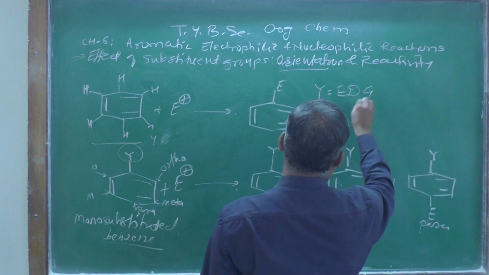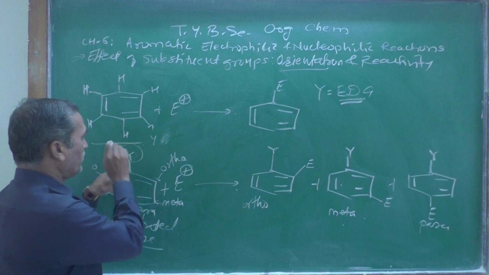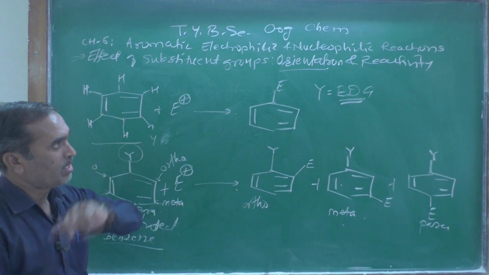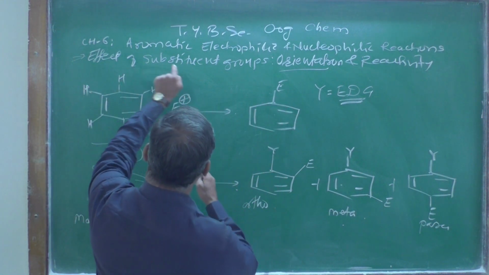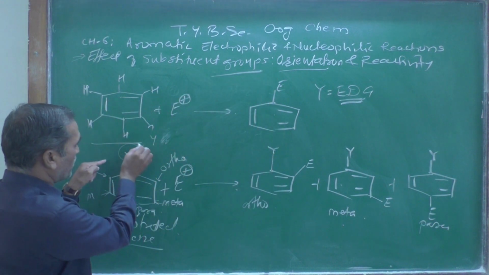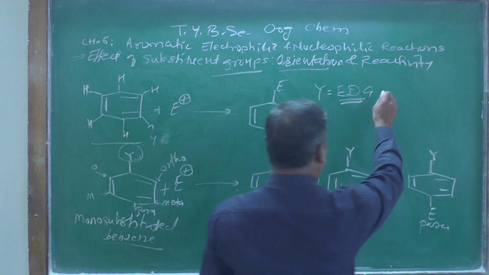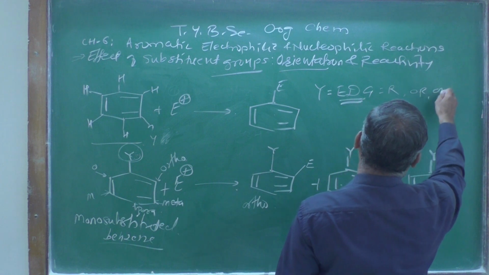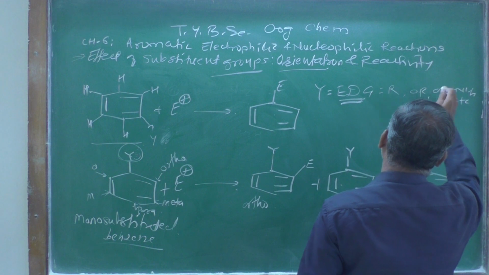Here we are talking about the effect of the substituent group. Suppose your substituent is an electron donating group, like any R group, or OR, or OH, or NH2, etc. These types of groups are there.